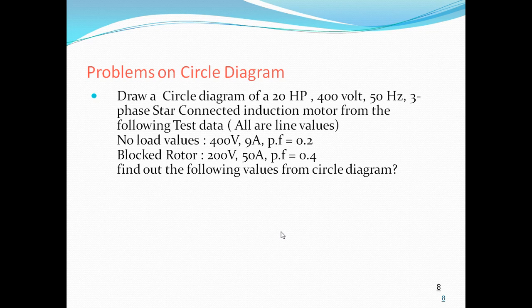In this case he has given the data of both tests. He has given: draw a circle diagram of a 20 HP, 400 volts, 50 Hz, 3-phase, star connected induction motor from the following test data, and all given values are line values.